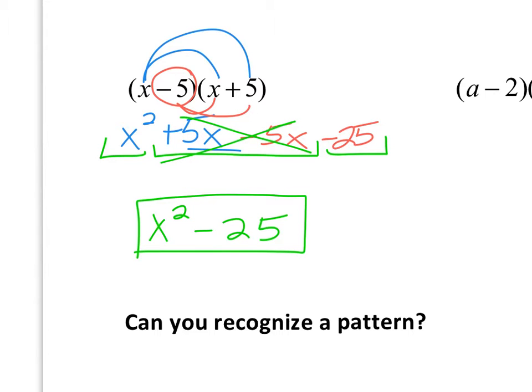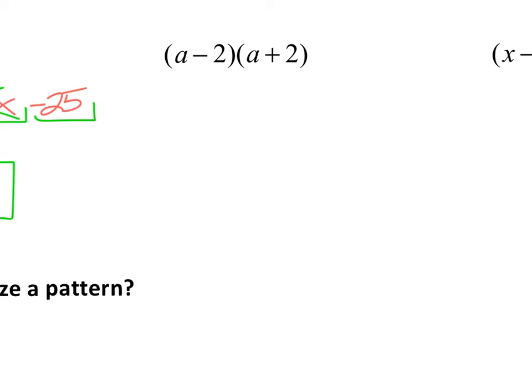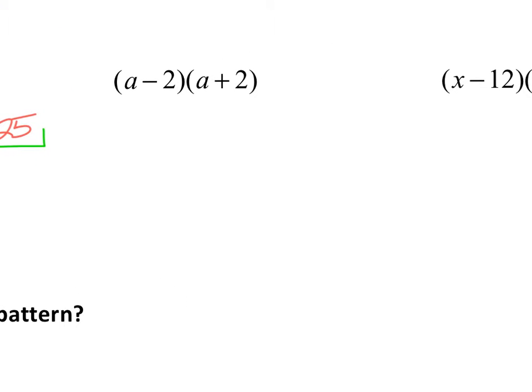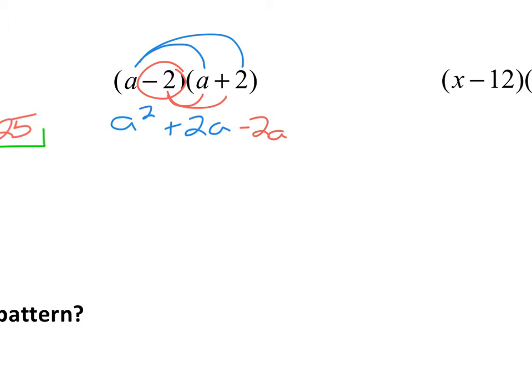All right, let's take a look at the second example now, which is going to work kind of similar. You've got a minus 2 multiplied by a plus 2. When you multiplied here, you took a multiplied by a, which gave you a squared, a multiplied by a positive 2, you got a plus 2a, and then you distributed a negative 2. So negative 2 multiplied by a was a negative 2a, and negative 2 multiplied by 2 was a negative 4.